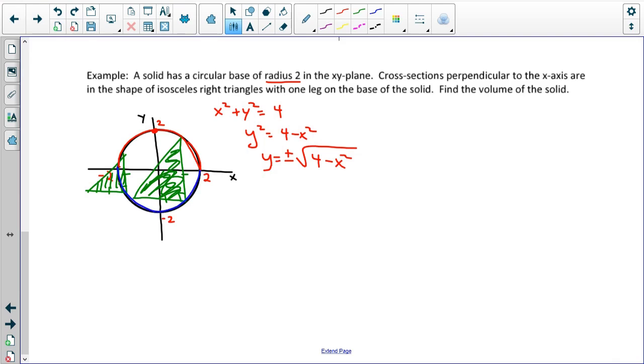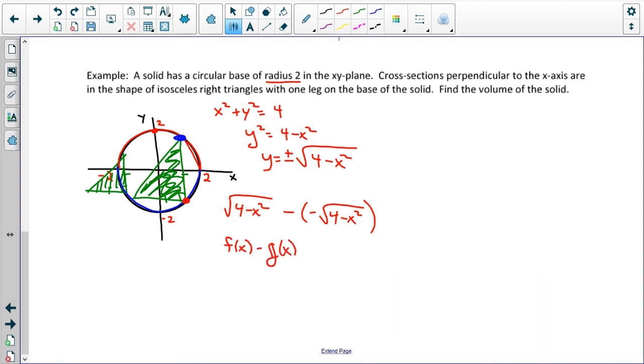And so if I'm going from the top all the way to the bottom, I'm going from the positive case, root 4 minus x squared, down to the bottom, the negative case, negative root 4 minus x squared. So this total thing is basically f of x minus g of x.